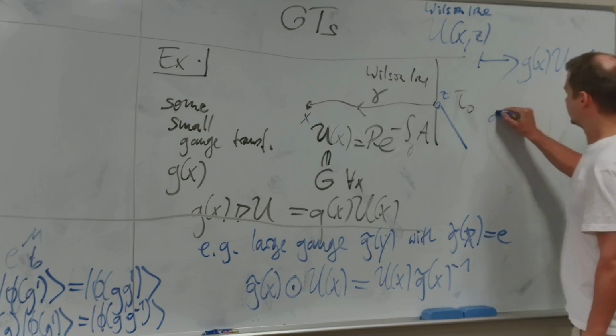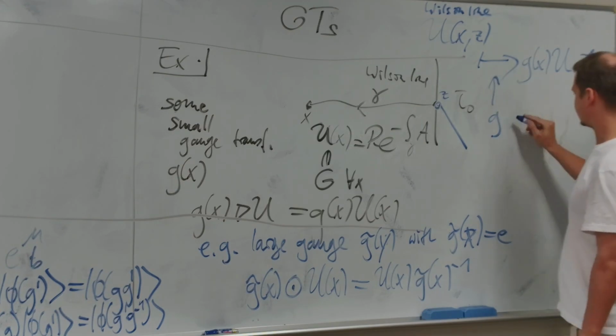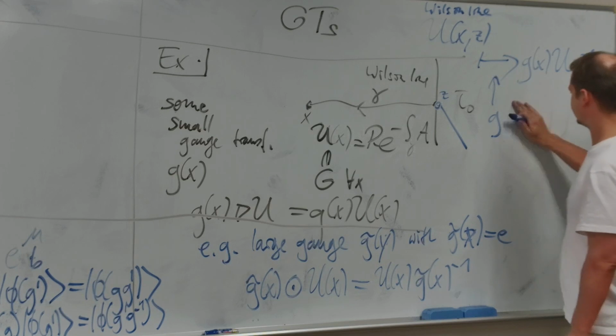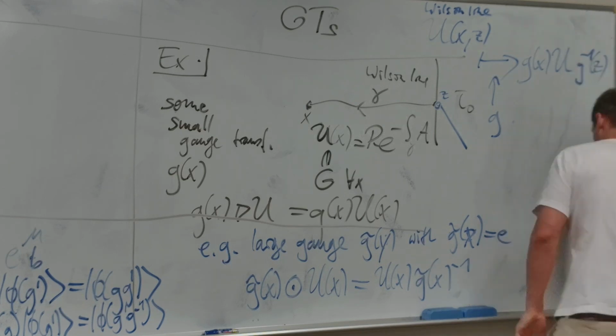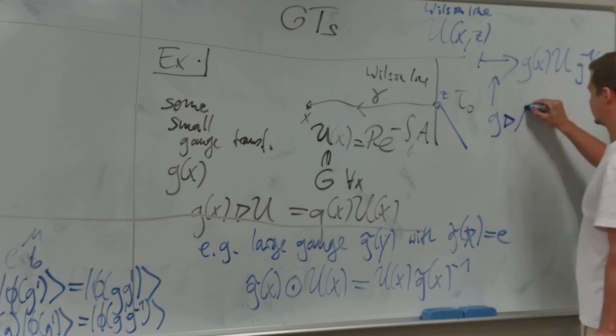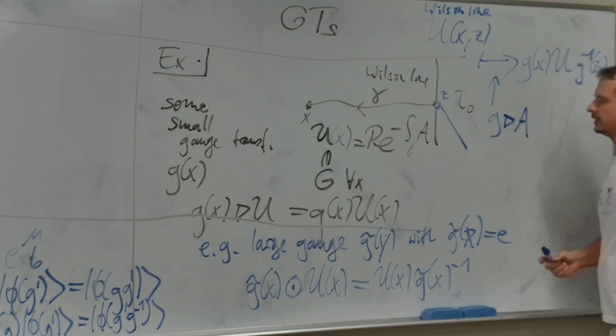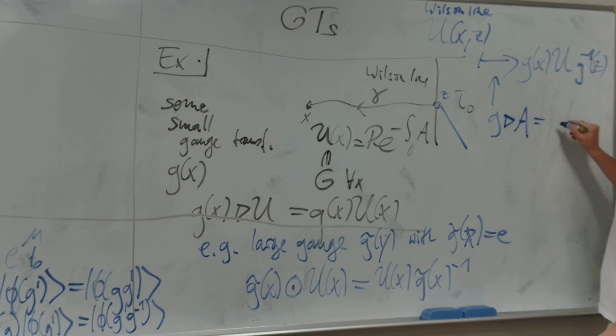To the higher energy physicists, that will be known, of course. So the action of gauge transformations on the connection is G inverse A G minus D G inverse.